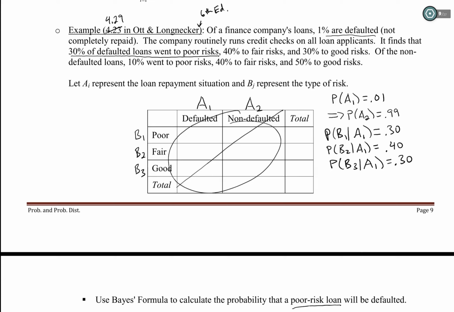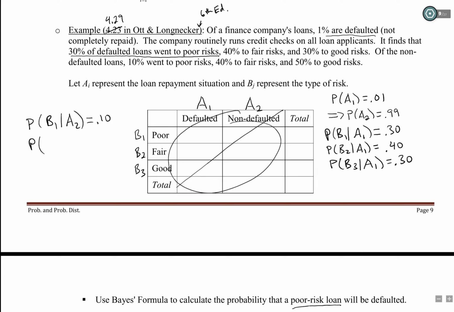So we have here from the last sentence conditional probabilities conditioning on non-defaulted loans. Of the non-defaulted loans, 10% went to poor risk. So that's telling us that the probability of B1 given A2 was 10%.